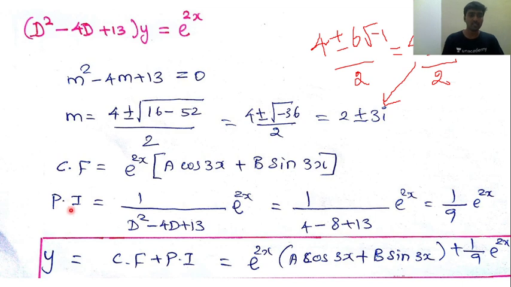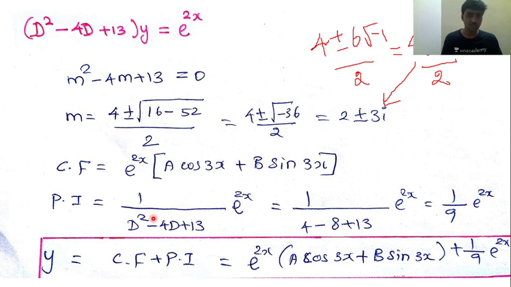The particular integral PI is equal to 1 divided by f of D into e power ax. Here f of D is the left hand side, d square minus 4d plus 13, and the right hand side is e power 2x. Then for e power ax, we have to replace the letter D by a.